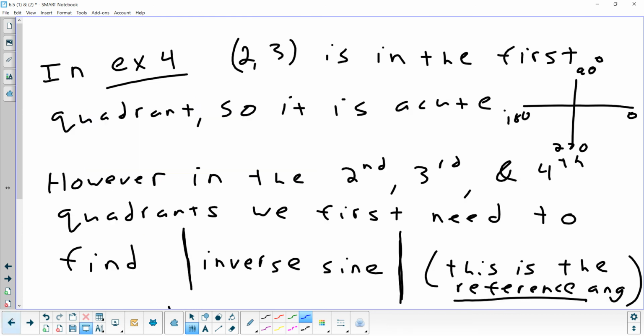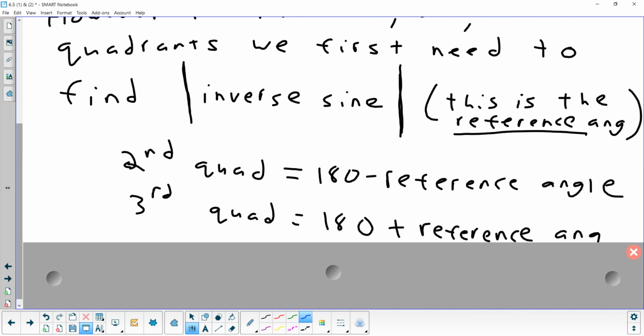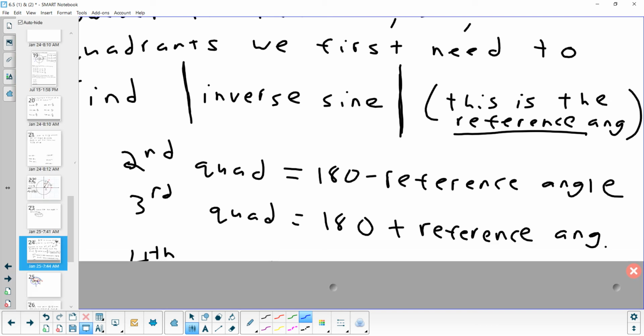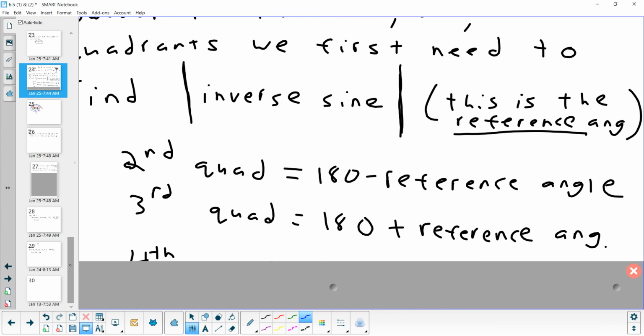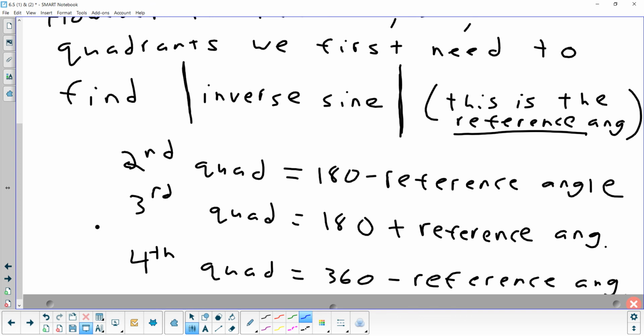Those are the formulas I'm going to write down right now. Once you have your reference angle, by taking the absolute value of the inverse sine, if you're trying to find an angle in quadrant 2, you do 180 minus your reference angle. In quadrant 3, it's 180 plus your reference angle.